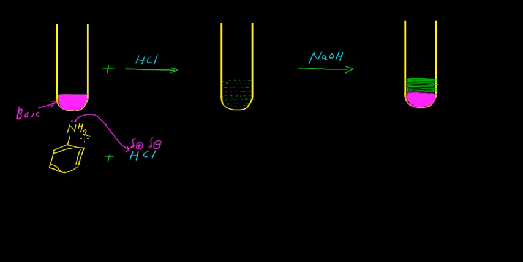When aniline is dissolved in HCl, at that time we get a clear solution. It indicates that whatever intermediate is going to form is soluble in water. So it means that we get a compound like that.